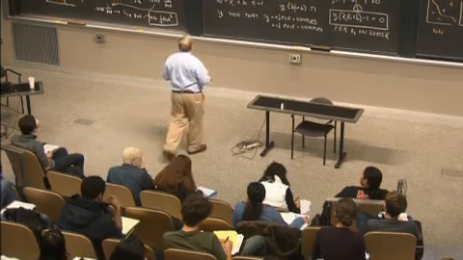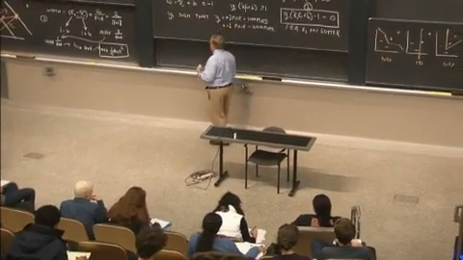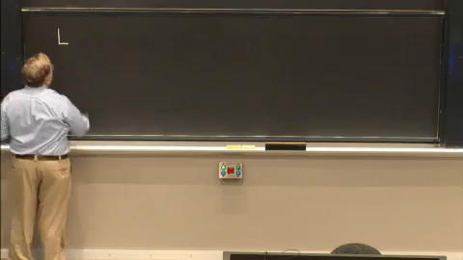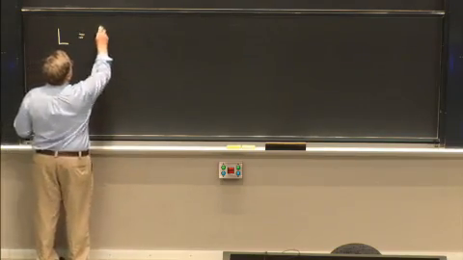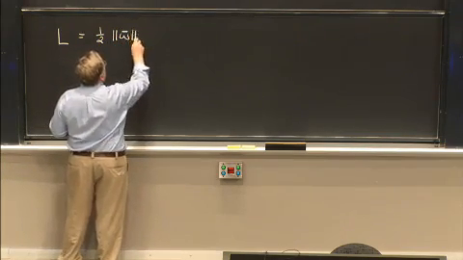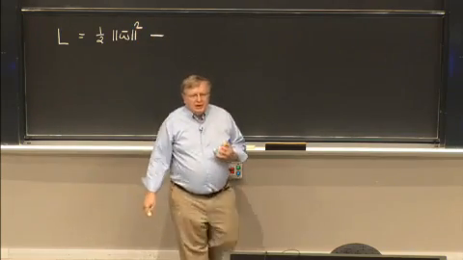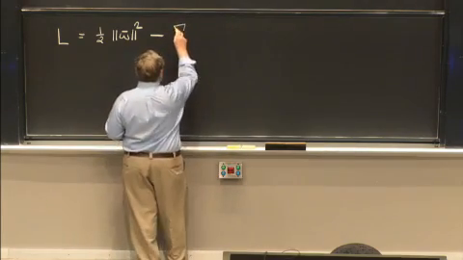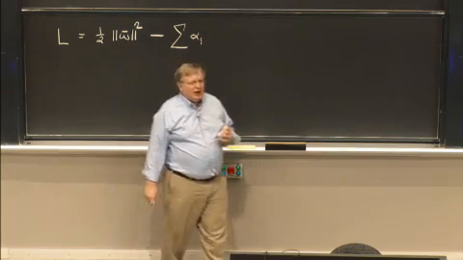So this brings us to miracle number 4, developmental piece number 4, and it sort of works like this. We're going to say that L, the thing we're going to try to maximize in order to maximize the width of the street, is equal to 1/2 times the magnitude of that vector w squared minus, and now we got to have a summation over all the constraints. And each of those constraints is going to have a multiplier, alpha sub i.